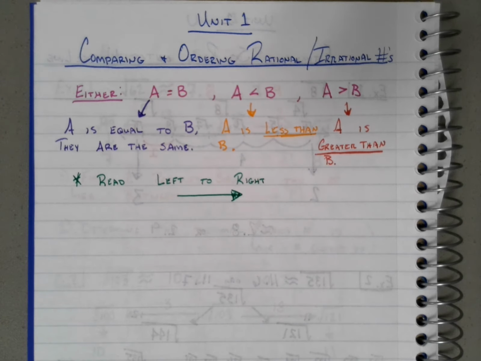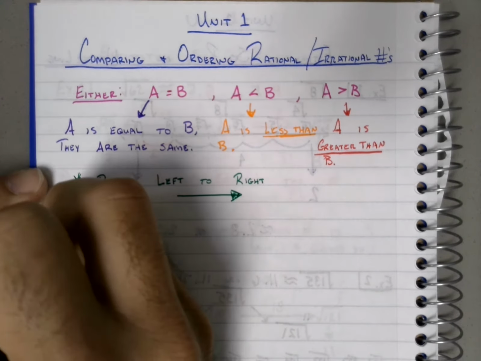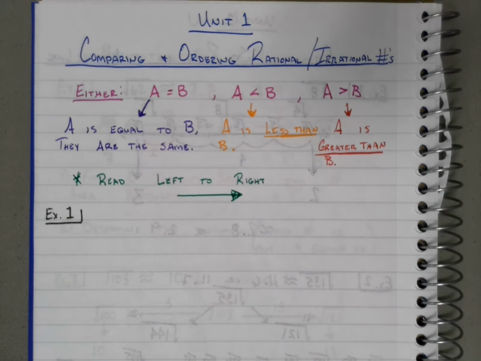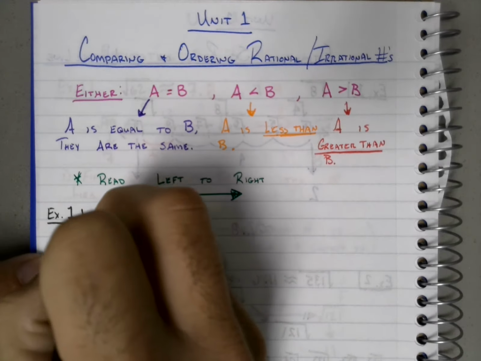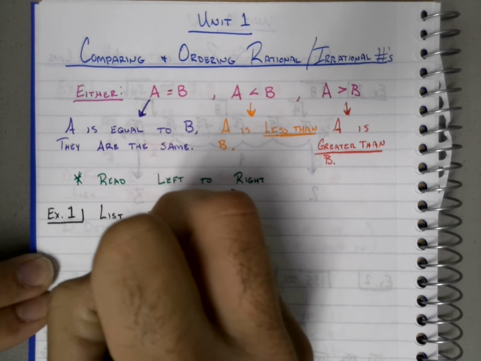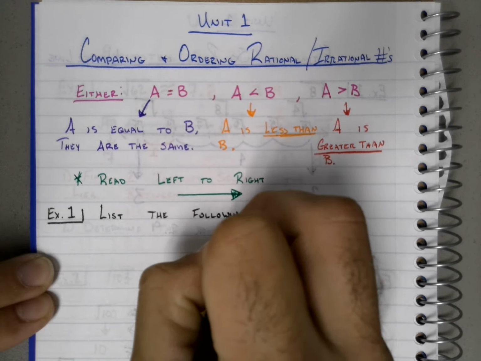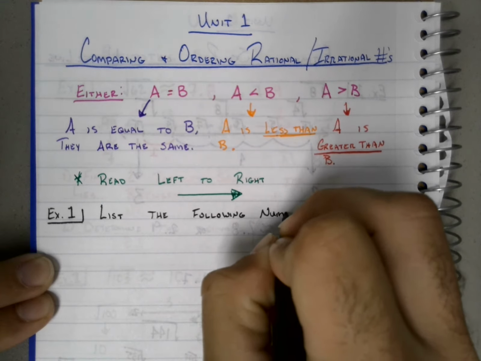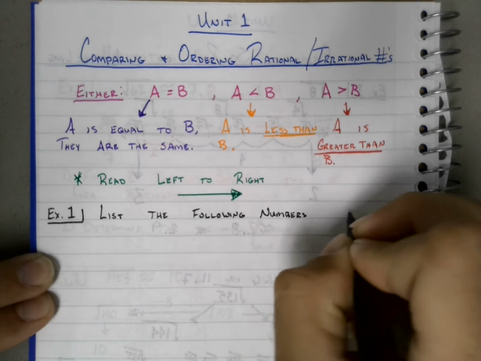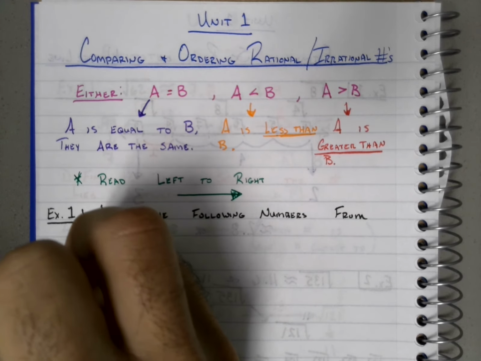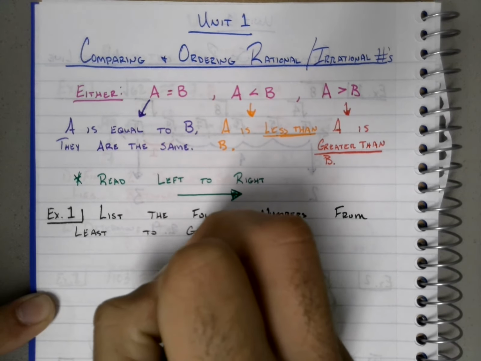All right, let's look at our first example. Example one: we're going to list the following numbers from least to greatest.